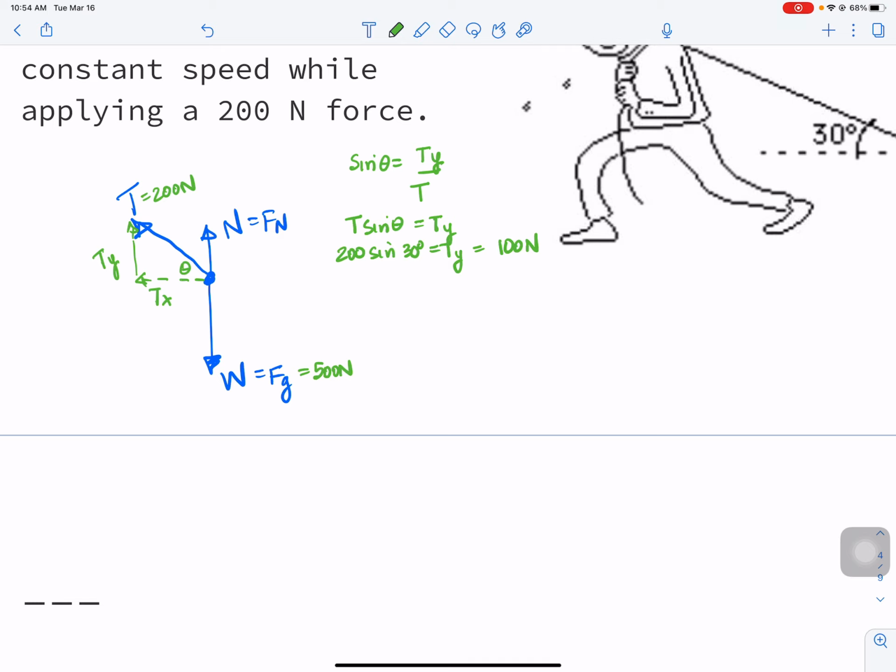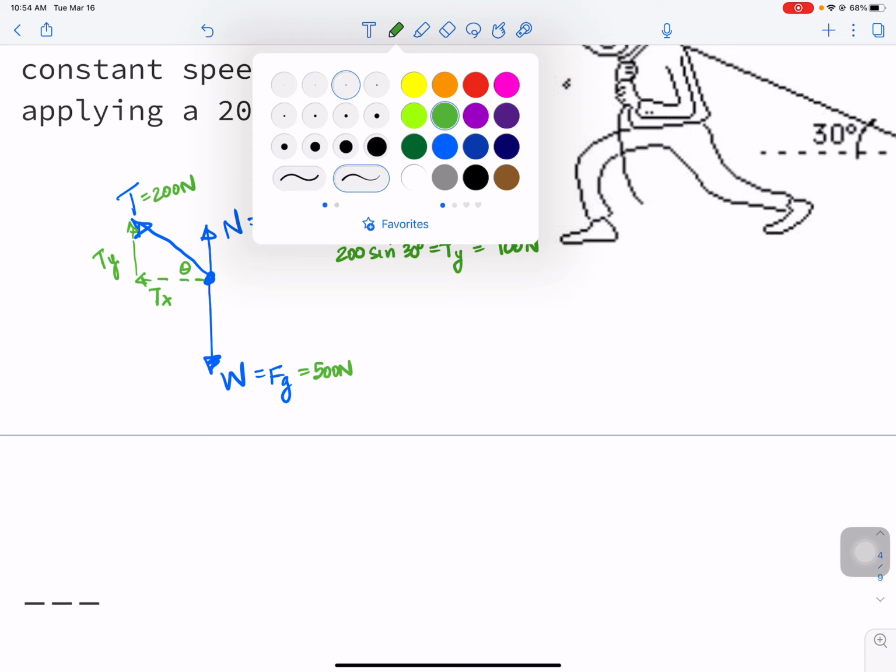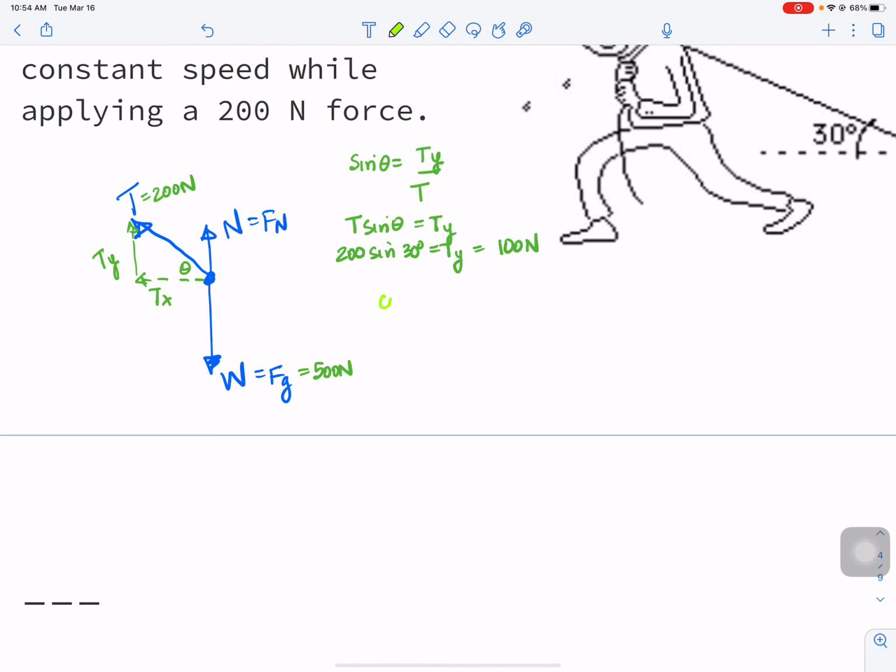Then we also know that the cosine of theta is Tx over T, so I'm going to do a similar thing. So we've got T cosine of theta is equal to Tx, and we substitute in 200 times the cosine of 30 is equal to Tx.